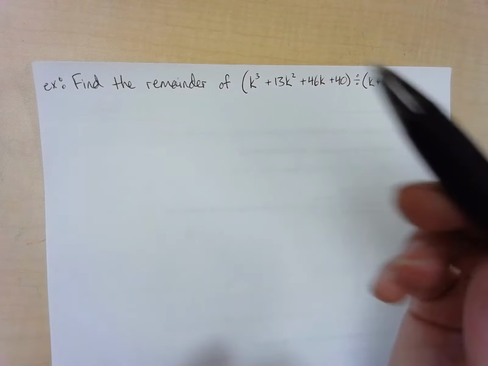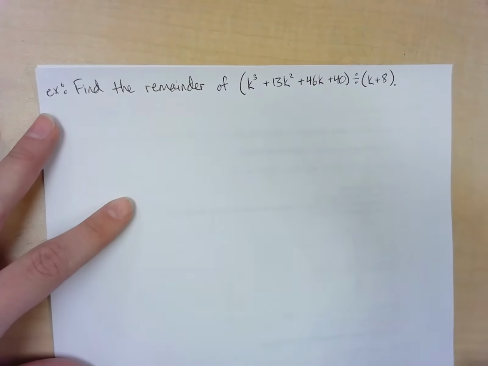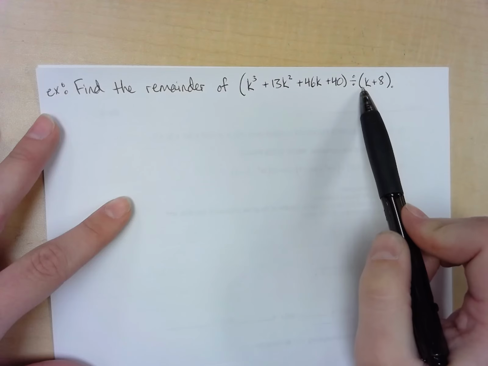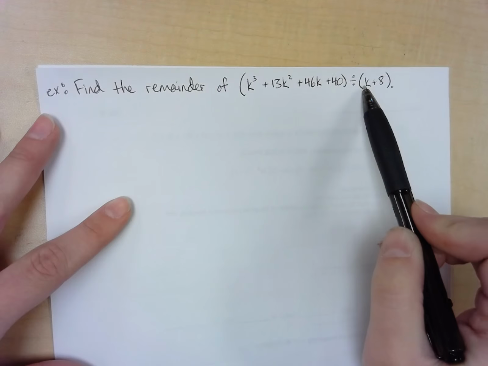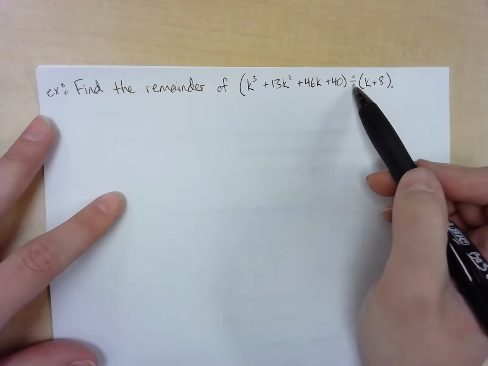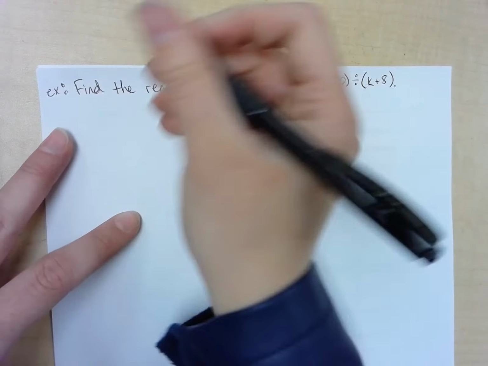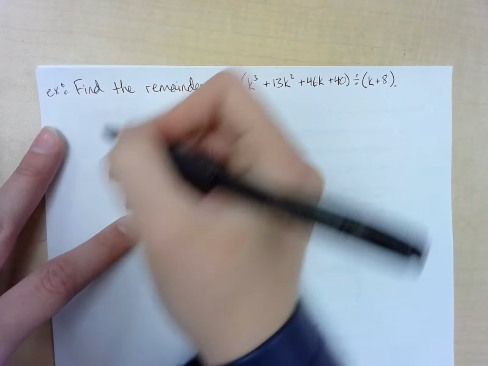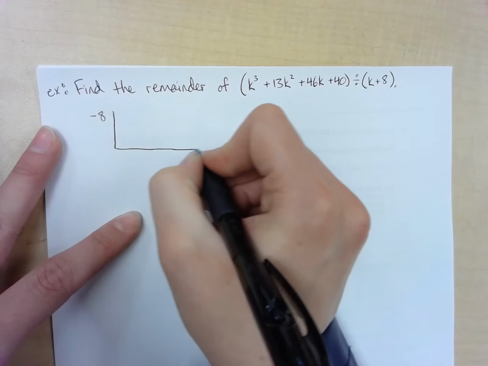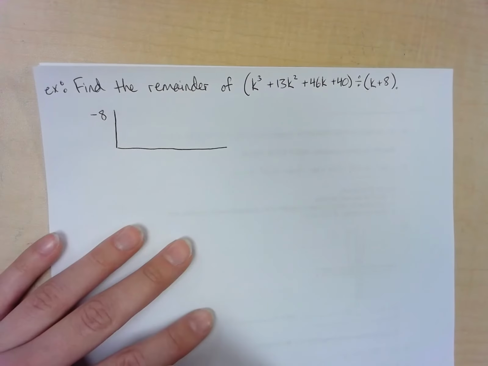Well, I could do long division and find the remainder that way, or how about synthetic? Because I see, oh, that is a linear binomial and its leading coefficient is 1. So I should be able to use synthetic division really quickly. So I want everyone to try it. Pause the video right here, and I want you to try it.